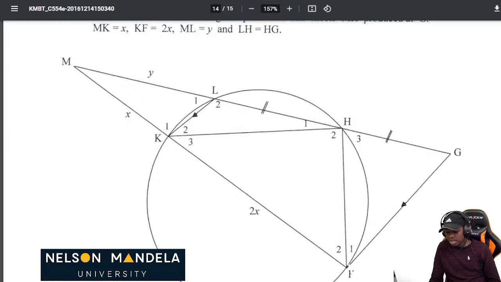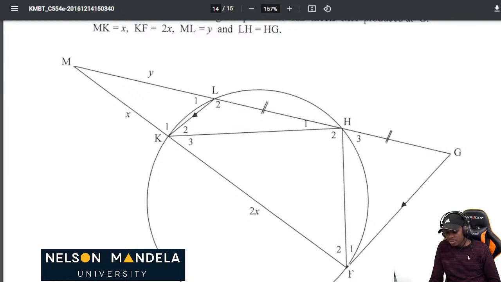So since they are equal to each other, what does this mean? It means that if LH is X, also GH is X. So the total length of GL is equal to X plus X, or let me not use X to confuse people. Let me just say it's equal to LH plus GH.